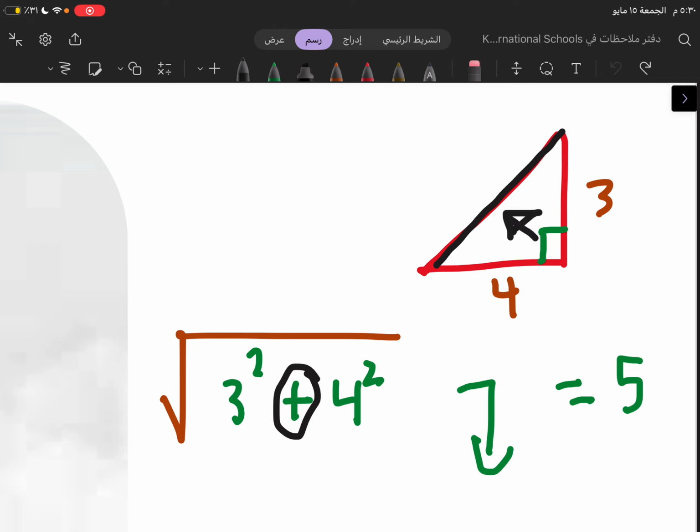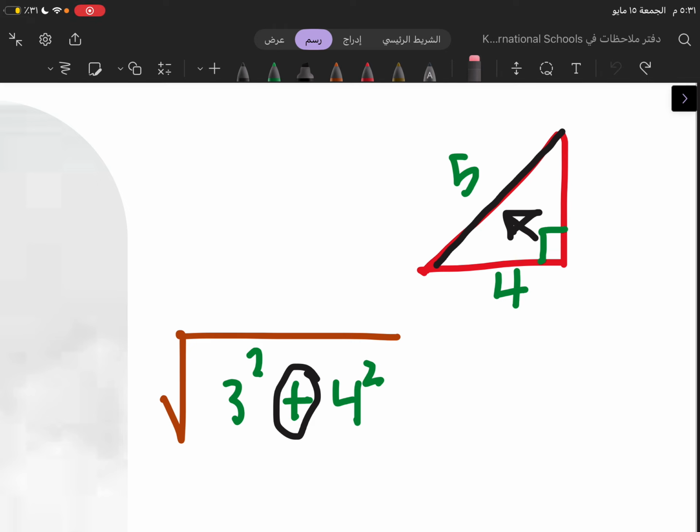That means if I have another question here, where the given is the longest side and one short side, for example like this, what is the solution? Actually I need to subtract.